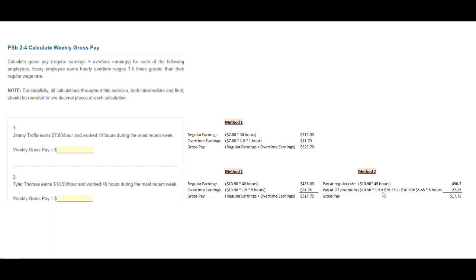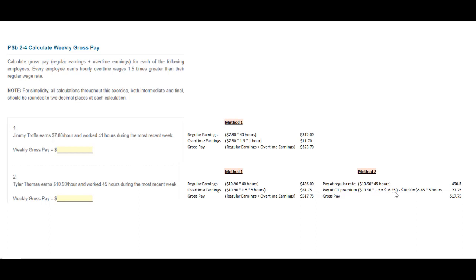It's the overtime premium. And what is that balance? What is that amount that's over the regular rate? Well, we need to calculate that. We take the regular rate, $10.90, times 1.5 gets you $16.35.